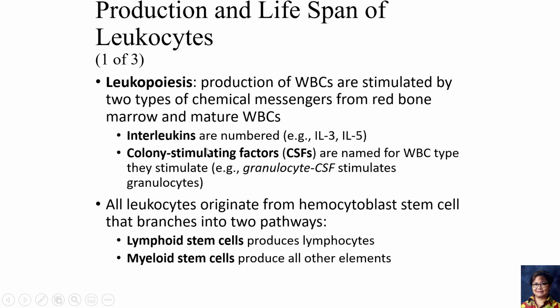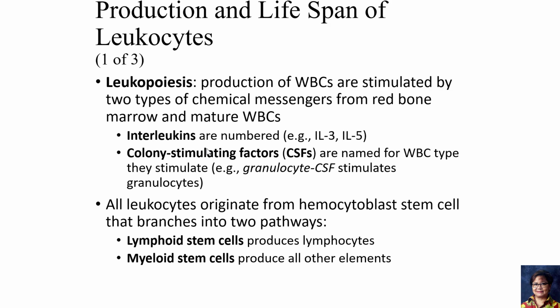So now, let's take a look at the production of white blood cells. Just like any blood cell, the great great grandmama of all the blood cells is your hemocytoblast, and even among the white blood cells, the hemocytoblast is the great mama, which means a stem cell that gives rise to all five of them.